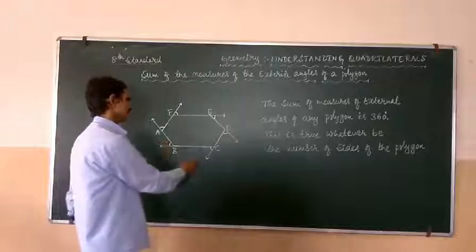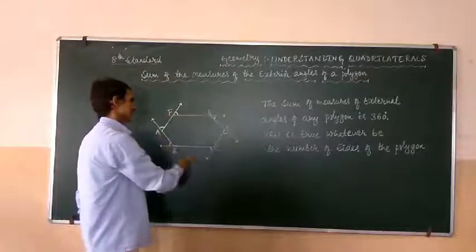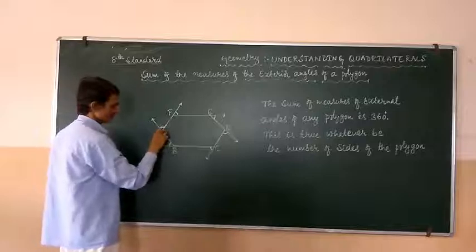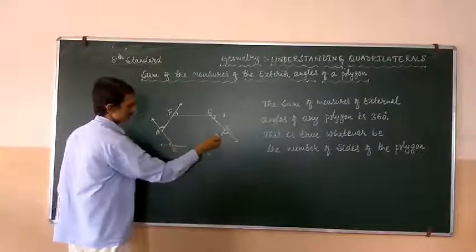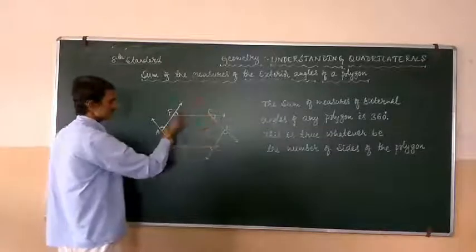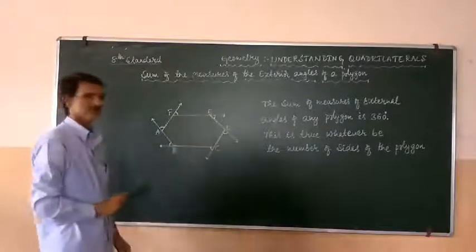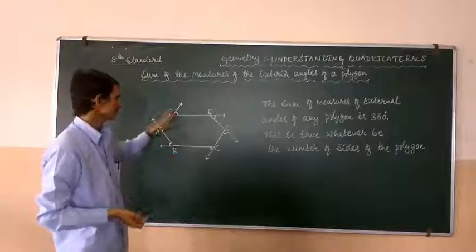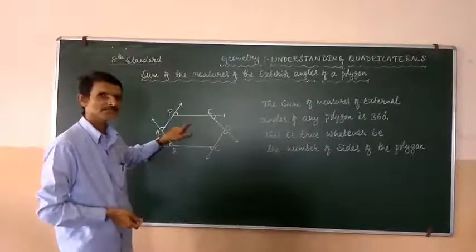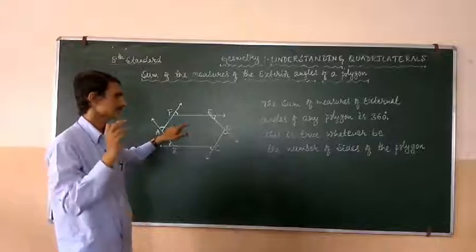So these are all the exterior angles of the polygon, whereas the angles at A, B, C, D, E, F are the interior angles of the polygon. Already you have learned how to calculate the sum of the interior angles of the given polygon.